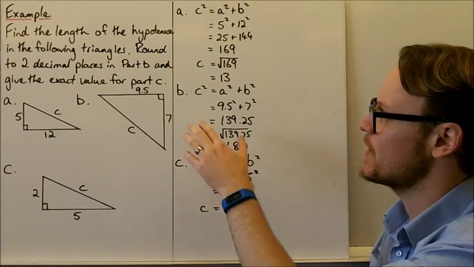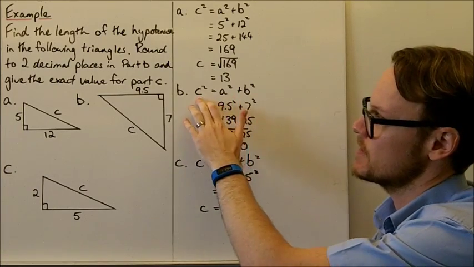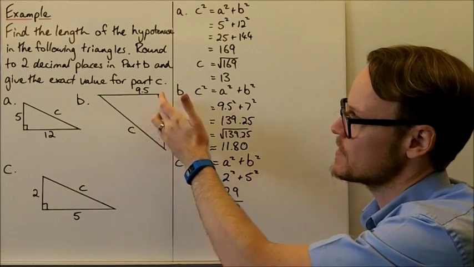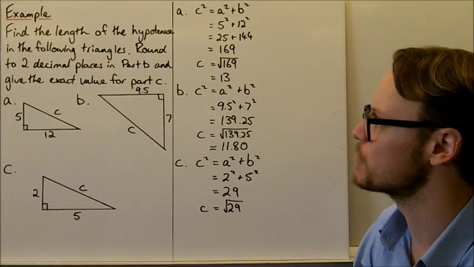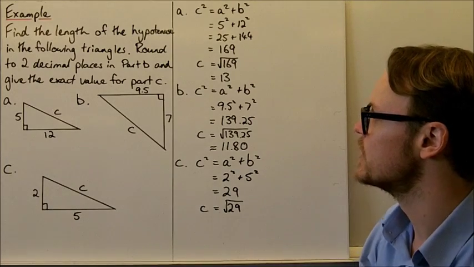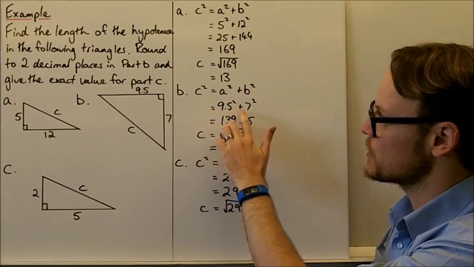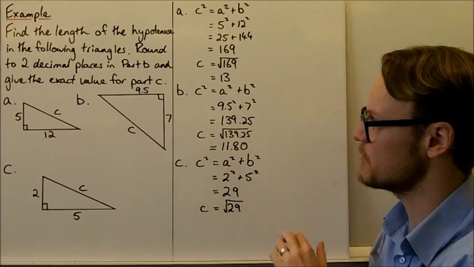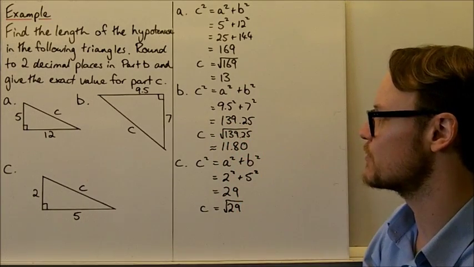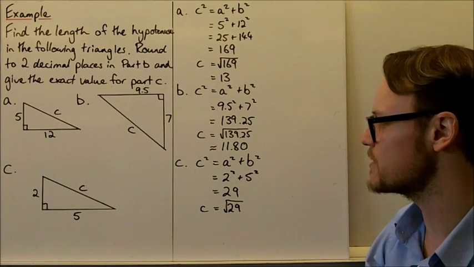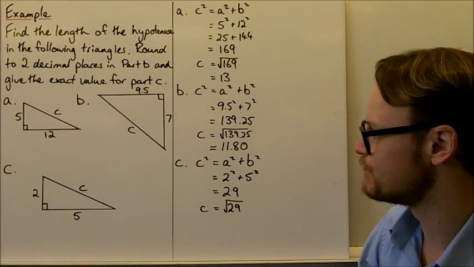The only value that matters that we differentiate is our hypotenuse. The hypotenuse is always the longest side and is opposite the right angle in our right angled triangle. So if we take 9.5 squared and add 7 squared together, we get 139.25. And the square root of 139.25, if we round it to 2 decimal places, is 11.80.